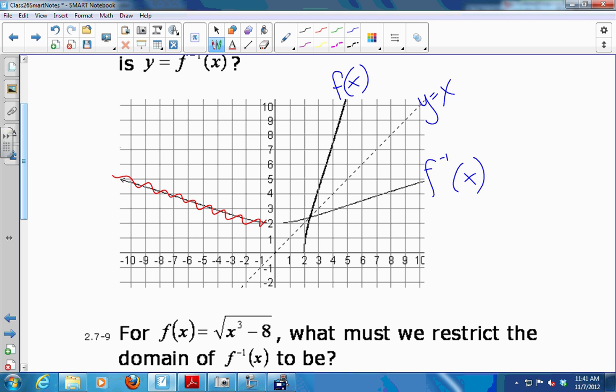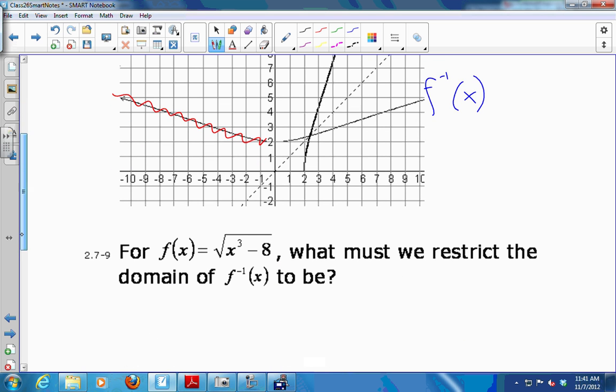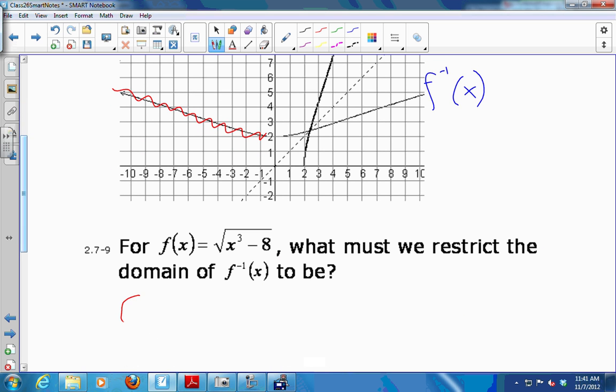And then I would also have the nice mirror images that I'm looking for. Okay, because f inverse, like you told me, its domain should be the range of f, 0 to infinity. So I should get rid of all the negative x's. So I would have to restrict the domain of f inverse to be 0 to infinity, which is the range of f.